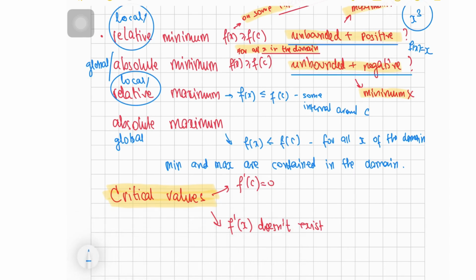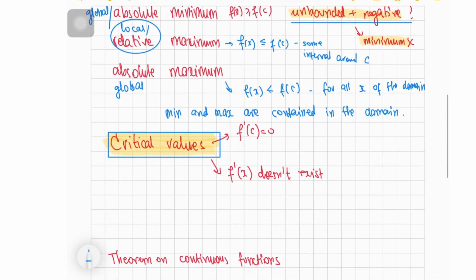All critical values of the function f are such values where f prime, or the first derivative at that value, is 0, or the first derivative doesn't exist. So those are called critical values. So a critical value is such a value where the first derivative is 0 or the first derivative doesn't exist. That means doesn't exist as a real number.